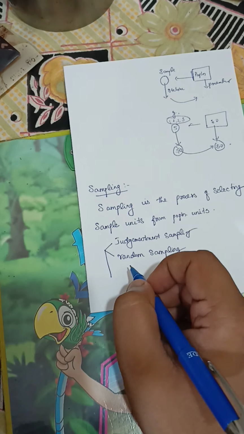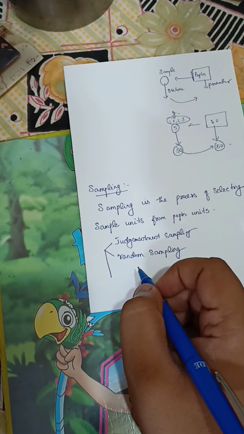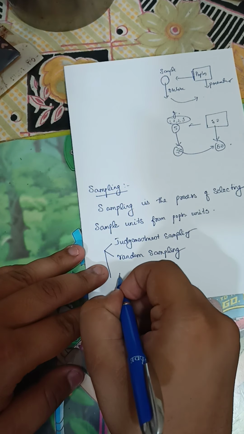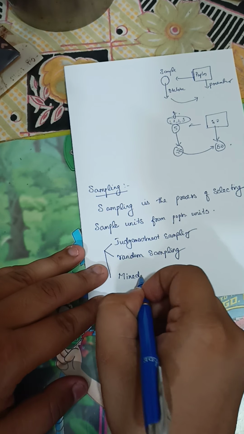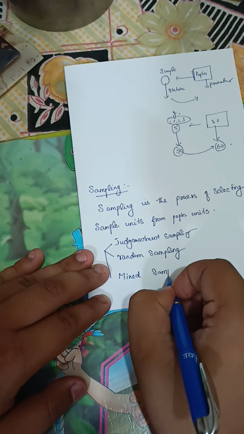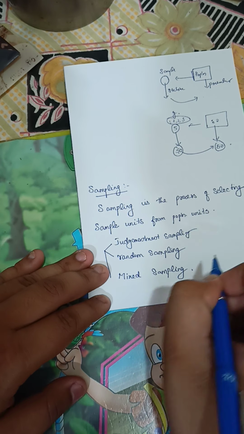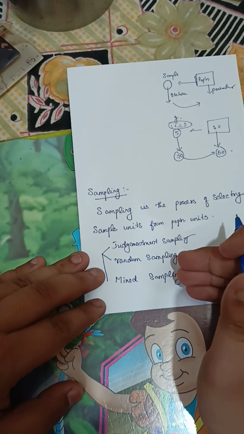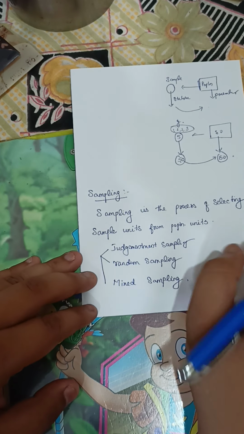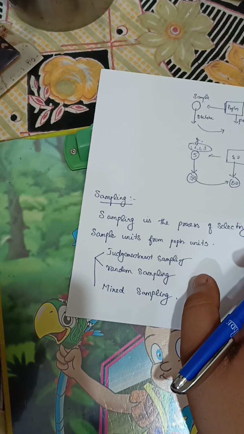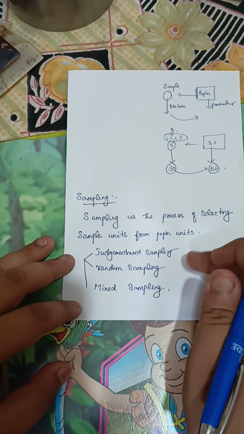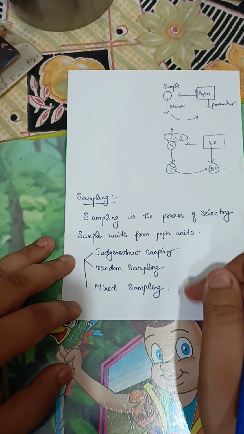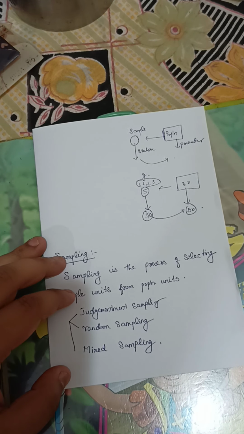Next is mixed sampling. We will try to define these three sampling methods, and these questions may be asked in your internal exams also, where you have to define these three sampling techniques.